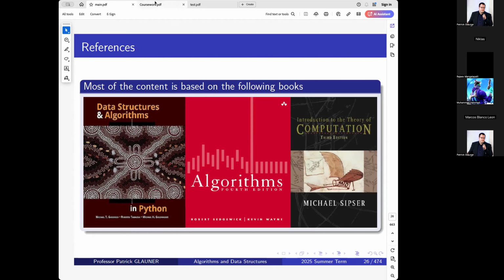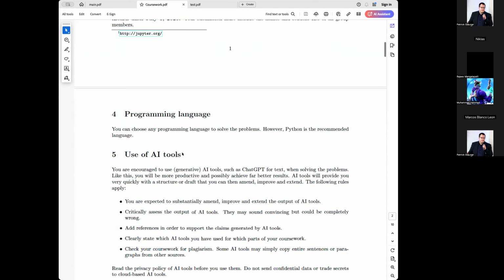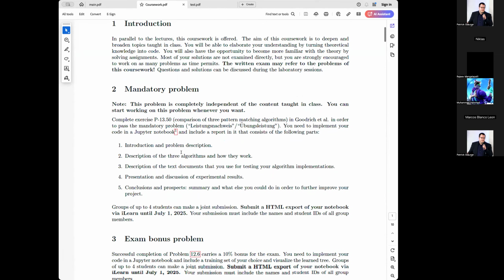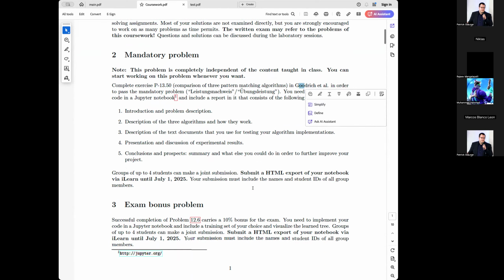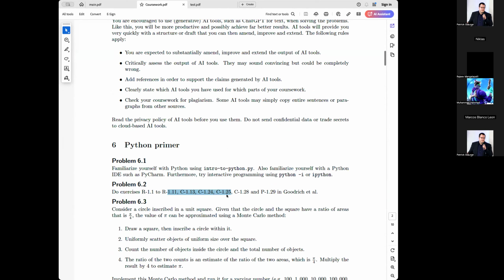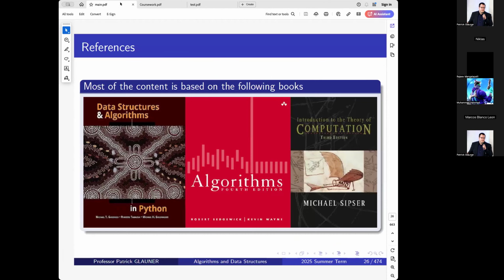And the ebook is needed, in fact, because many times in the coursework, I've said this earlier today in the programming session, I refer to something like P something in Goodrich or C or R something in Goodrich. These are always problems in the Goodrich book, and that's why you need the ebook and you need to be able to access it to see all of these problems that the coursework is referring to.